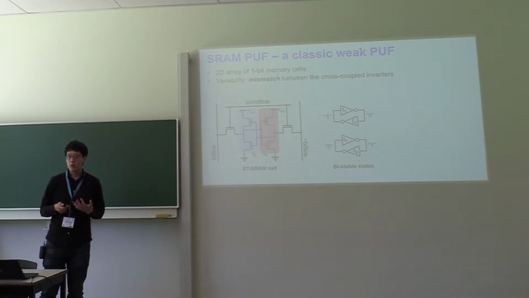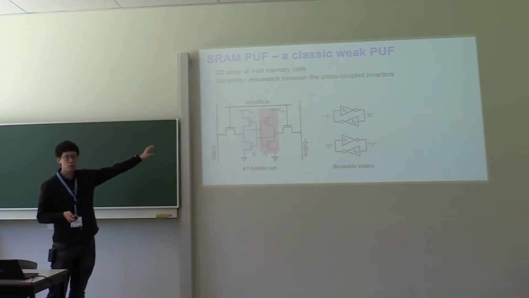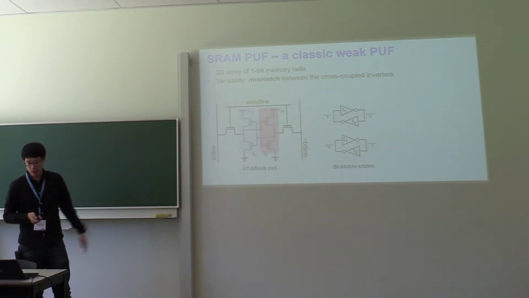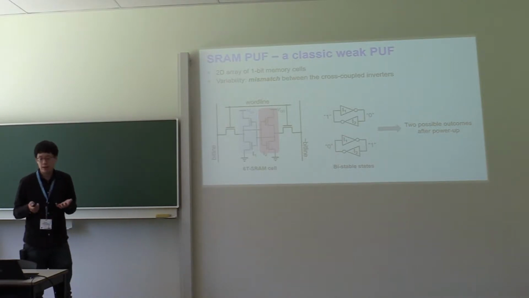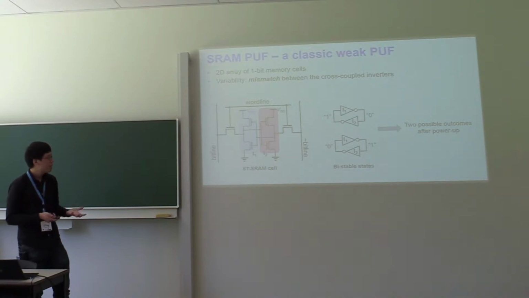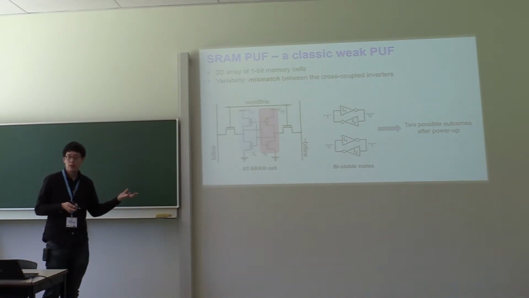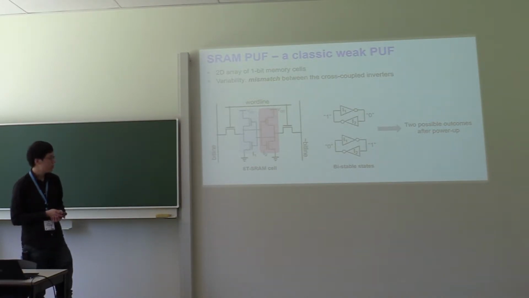And how we use it as a PUF: let's assume we don't have data stored in the SRAM when we power it off. When we power it on, we don't provide it data to store, and it will automatically select which data it takes because it needs to be stable. So that's basically how it's used as a PUF, and I will show an example of how it really works later.